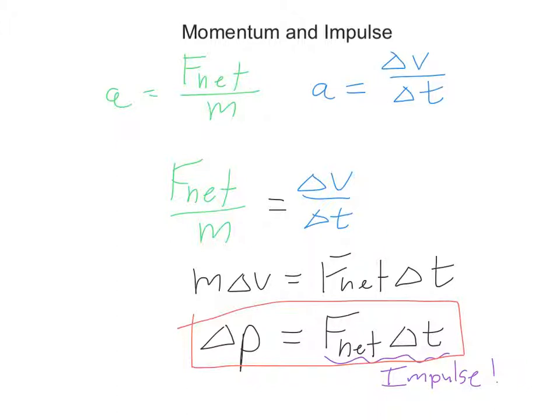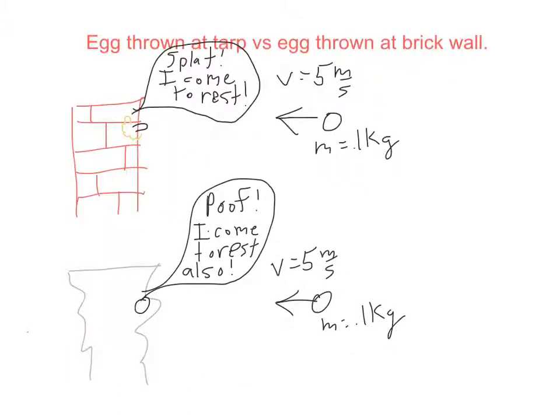And it depends on really two things: how much force is being applied and for how long a time that force is being applied. I'm going to show you an example where we see how that factor of both time and force together will actually give you the same change in momentum.